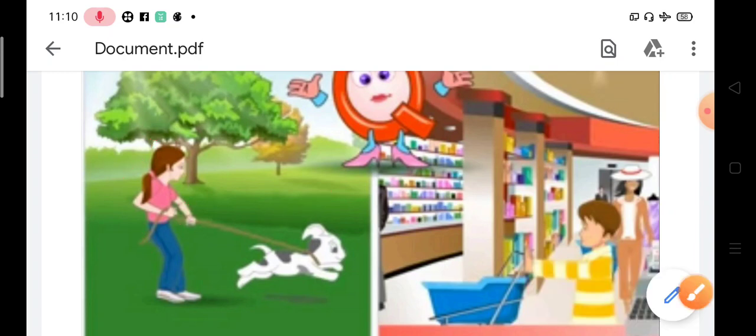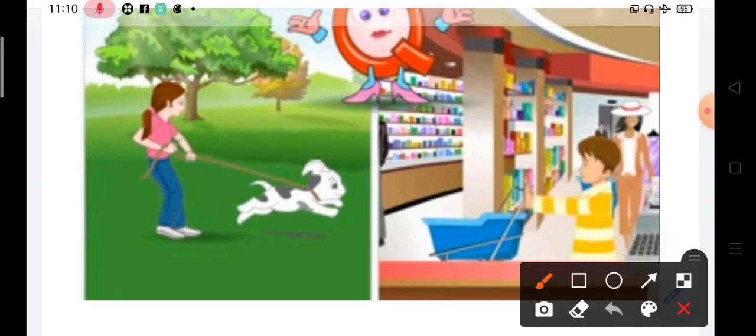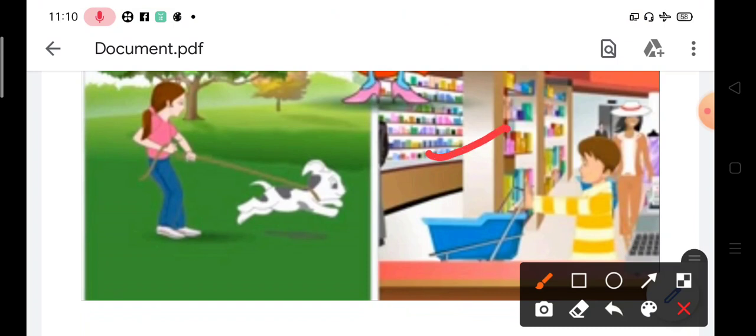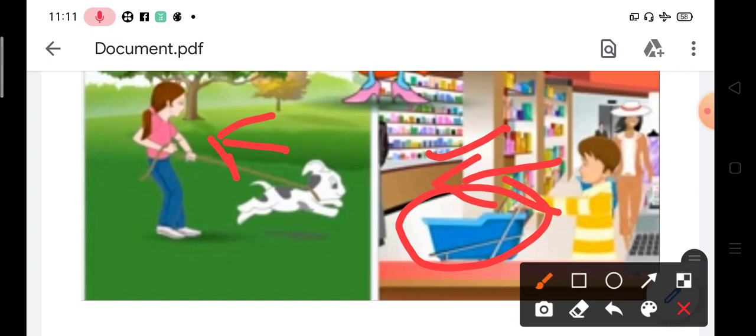Now next, in this second figure, this boy is pulling this load so that it can move further. Over here the force is applied in this manner, and over here the force is applied in this manner, so that it can move. That means this boy is pushing and over here this girl is pulling.